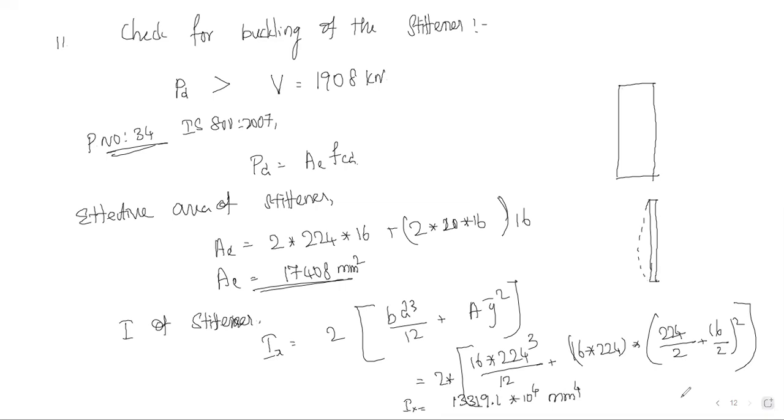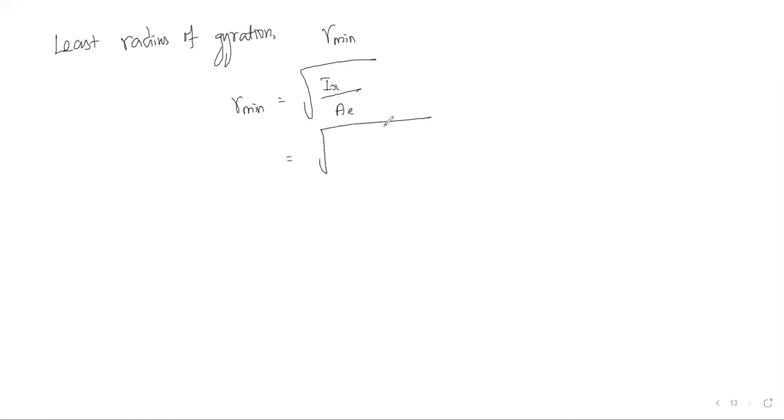Okay. Next, I have to calculate the least radius of gyration. So this is nothing but R minimum. So R minimum is equal to root under I by A, Ix by A. So Ix value is equal to 13,319 into 10 to the power 4 divided by 17,408.